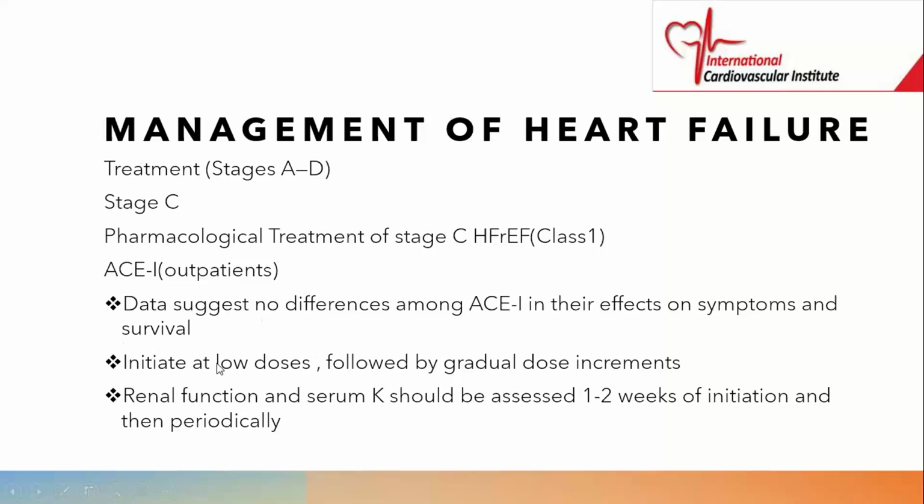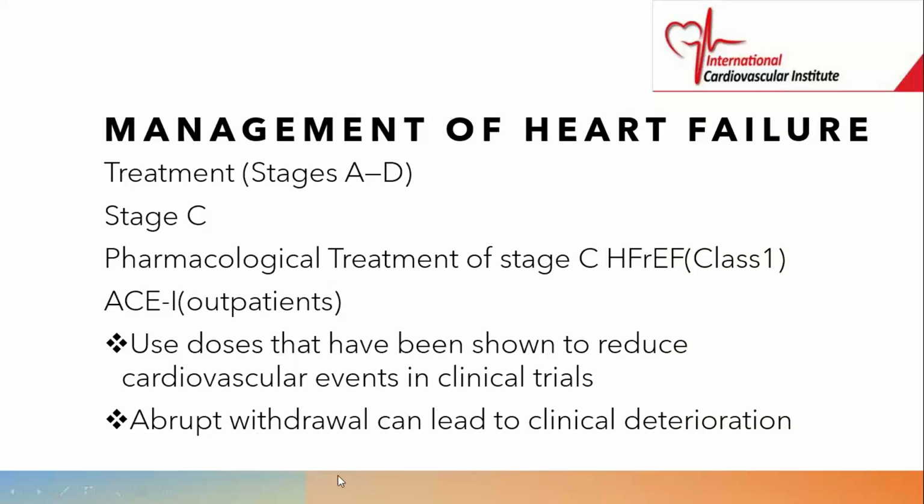Again, start at a low dose and gradually increase. If the patient tolerates the lower dose, you can increase to the higher dose. Be careful, look for impairment in renal function. Make sure you check the potassium. You need to do an assessment about 1 to 2 weeks after starting therapy and then periodically. Okay.